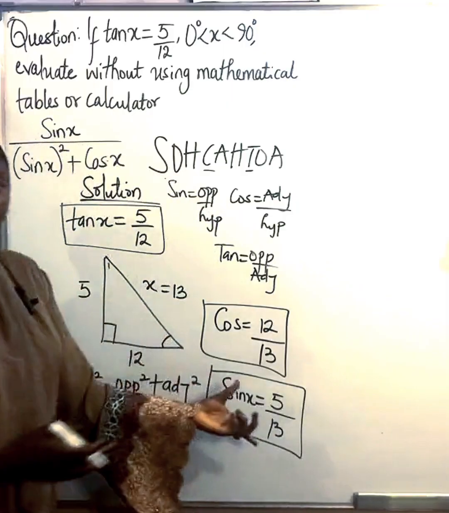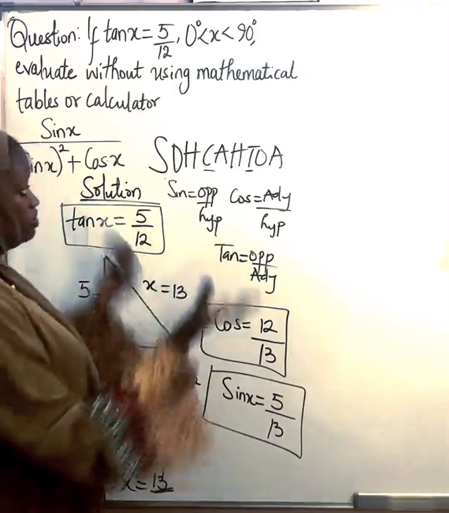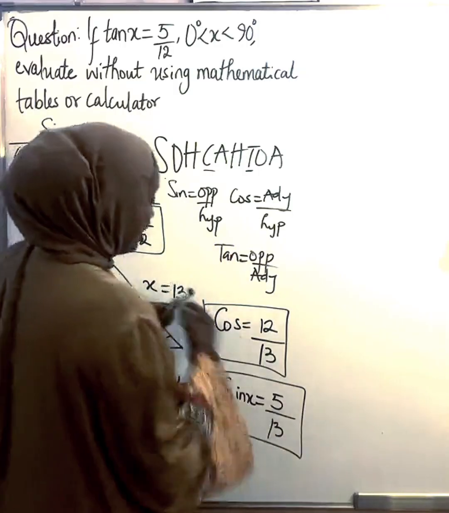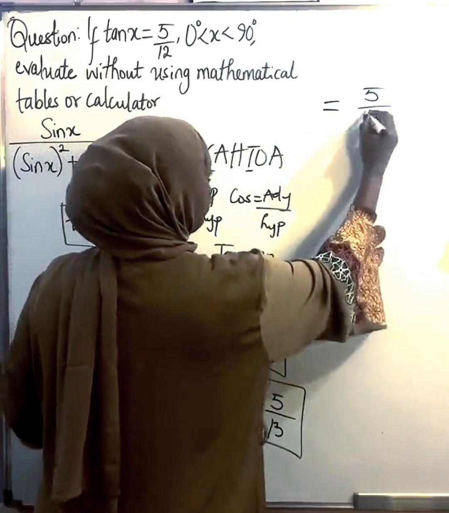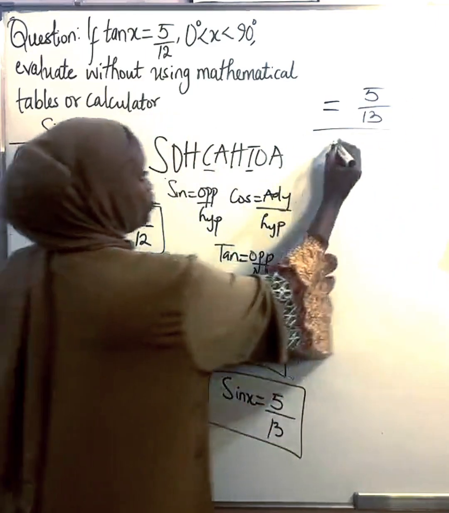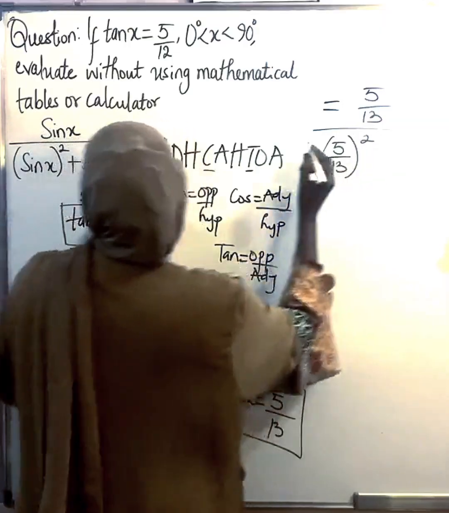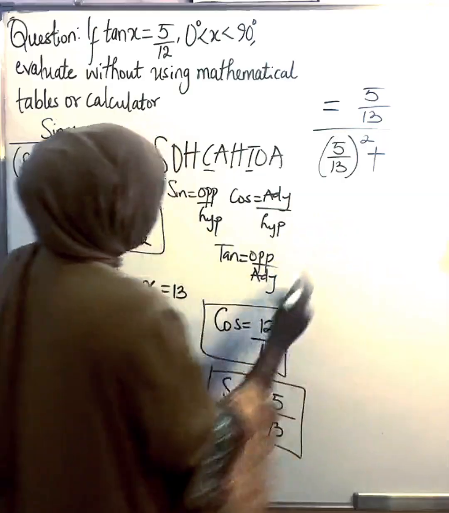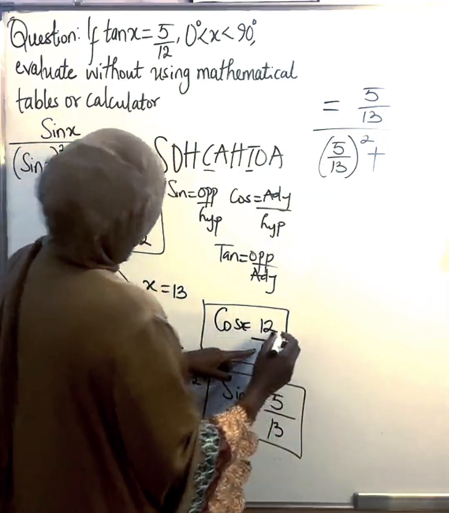So we have the three parameters. Now we can substitute the values into the question given, simplify further and get the final answer. Sin x is 5 over 13, all over sin x raised to power 2, which is 5 over 13 all raised to the power of 2, plus cos x, which is 12 over 13.